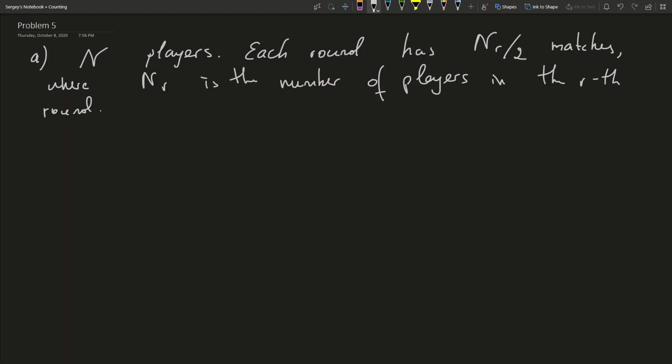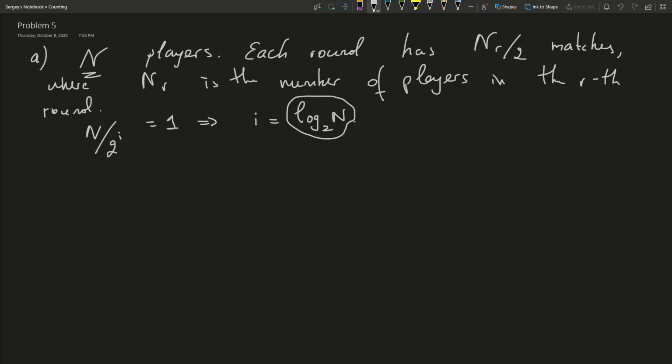So the question is, how many times can we divide n by 2 until only one player is left? And that number is, of course, logarithm base 2 of n. So this is the number of rounds, because each round n gets halved.